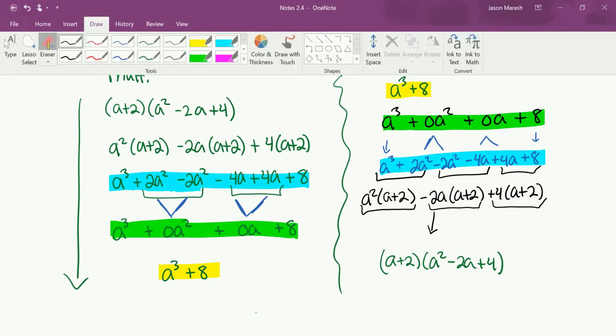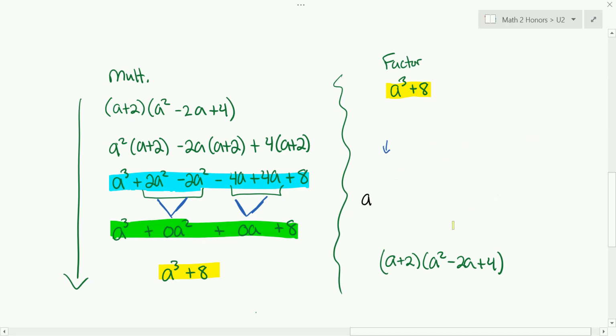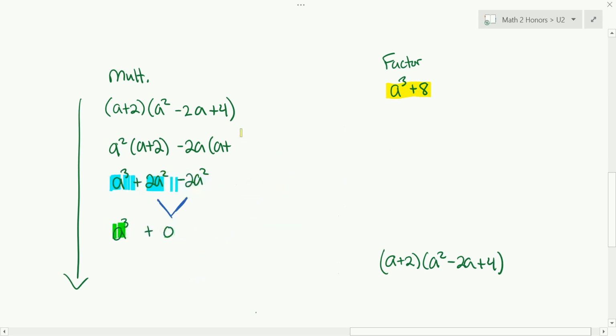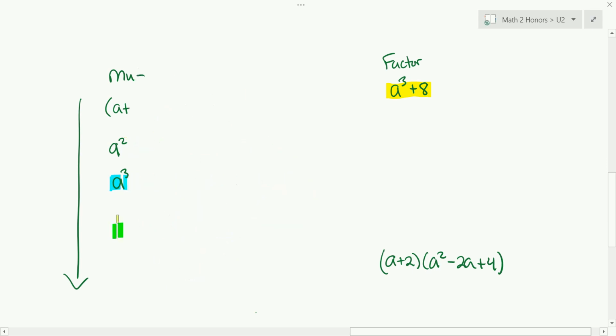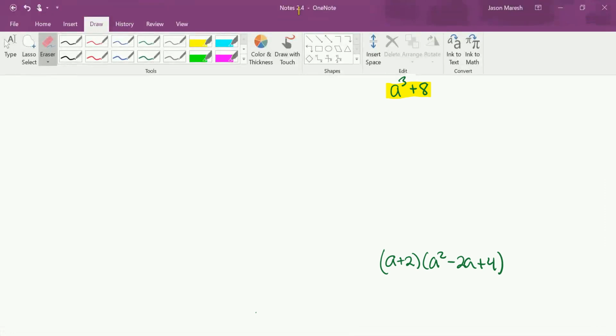But as I said in the beginning, we're going to learn just to go from the start to the finish without any of the stuff in between, okay? So in order to do that, we got to look for some patterns. If I give you a cubed plus 8, how do we just jump to that answer? You guys see any patterns?